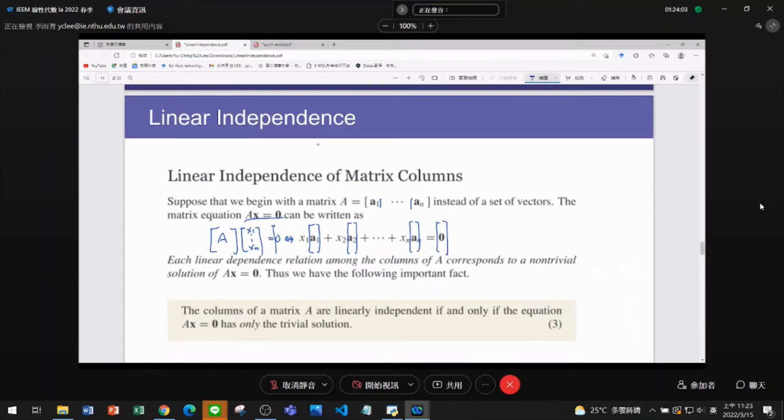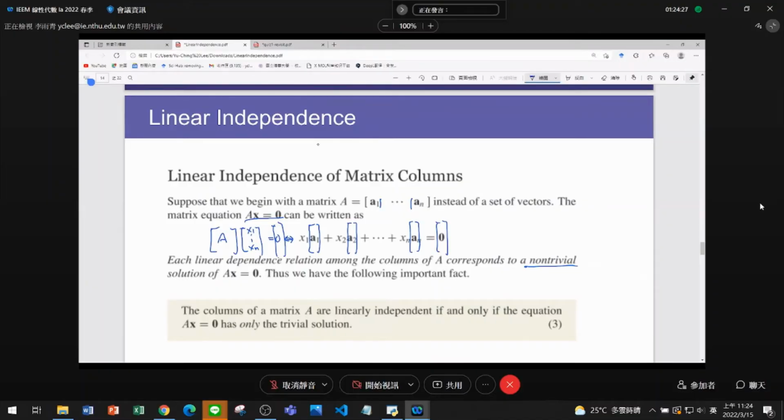Okay, this one is also a vector. And each linear dependence relation among the columns of A will correspond to a non-trivial solution of Ax equals to 0. For now, you should already be very familiar with this statement. And thus, we have the following fact.